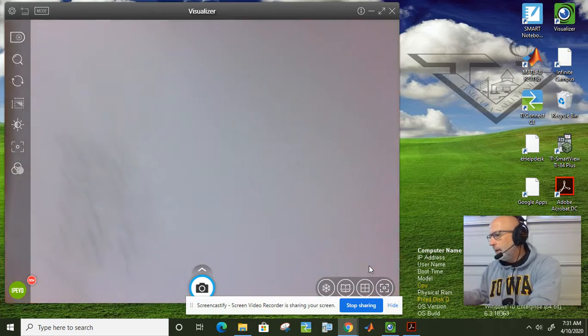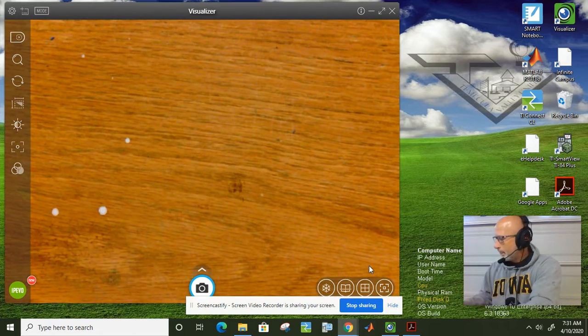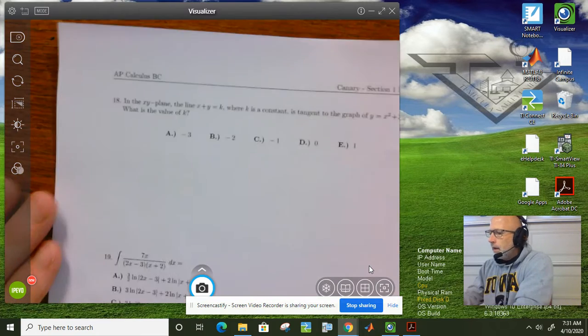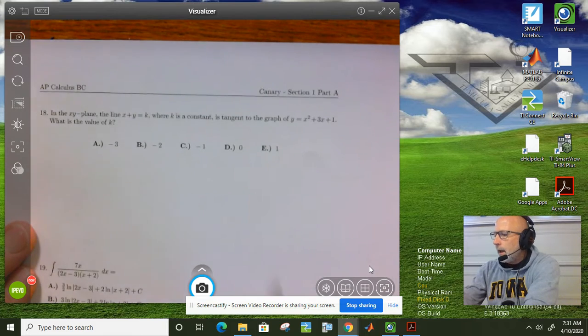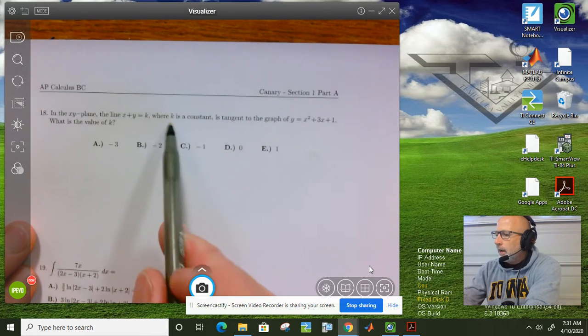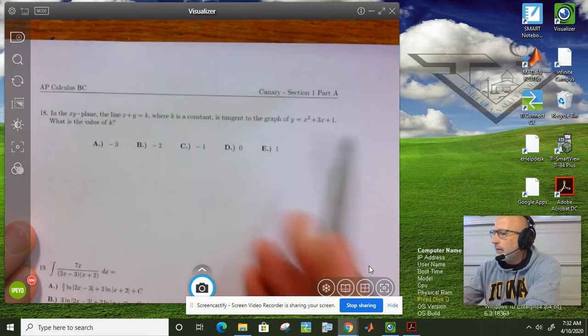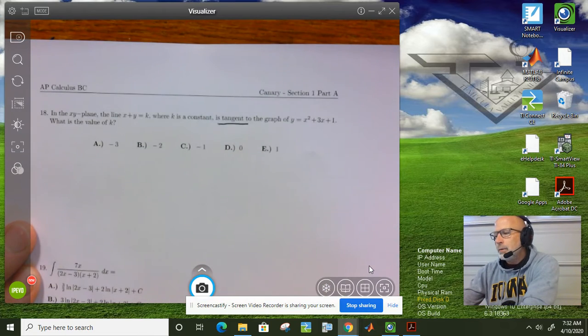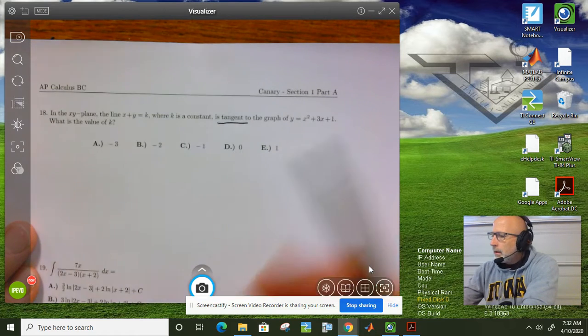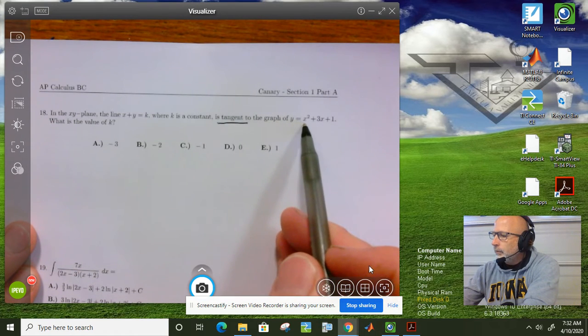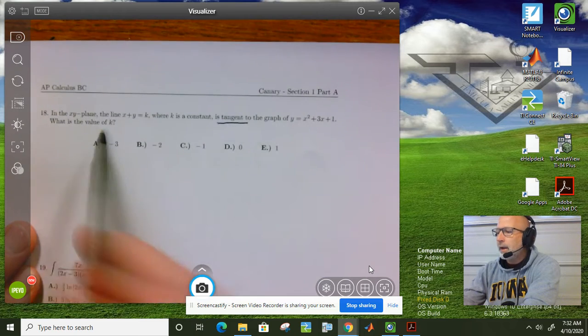Okay, last two, 18 and 19. Okay, 18. In the xy plane, the line x plus y equals k, where k is a constant, is tangent to the graph. As soon as you see that, you should be thinking to yourself, I have to take the derivative of something. I don't know what it is, but that's a giveaway. It's tangent to the graph of y equals x squared plus 3x plus 1. What is the value of k?